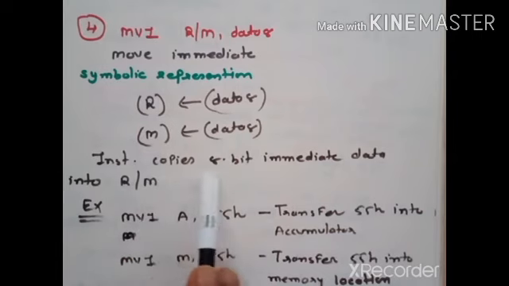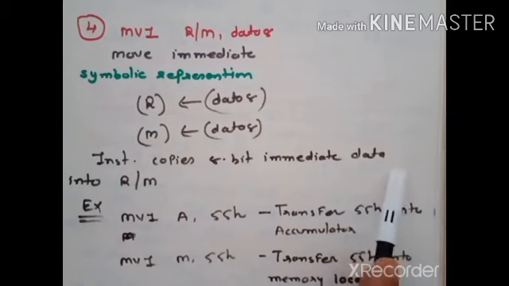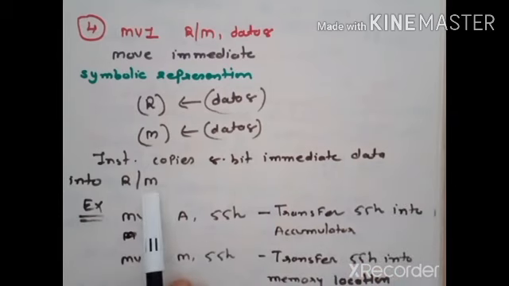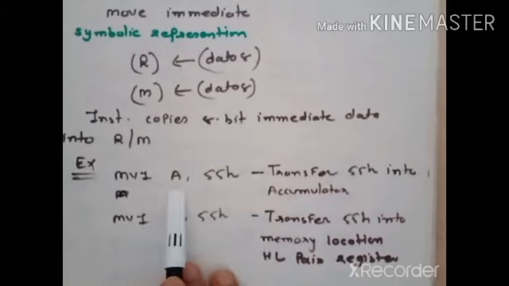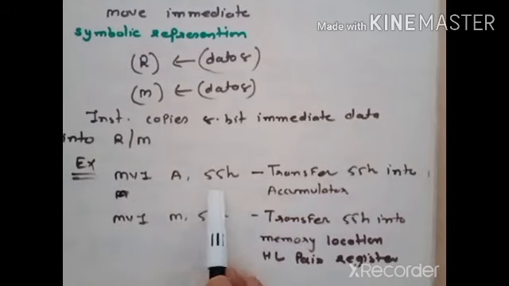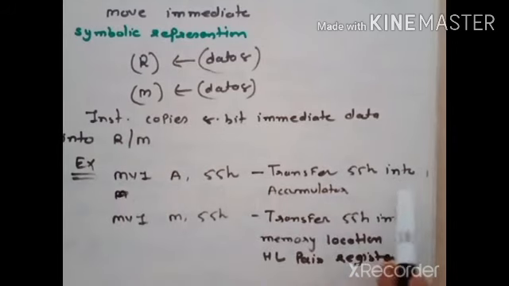This instruction copies 8-bit immediate data into R/M. Example: MVI A,55H, that means transfer 55H into the accumulator. Then MVI M,55H, that means transfer 55H into the memory location given by the HL register pair.